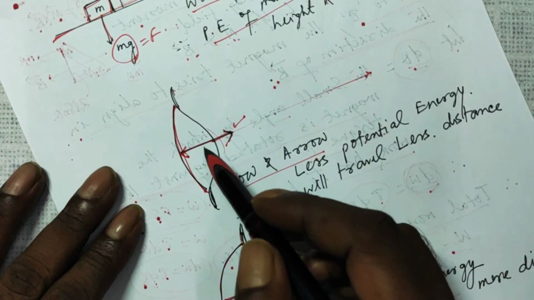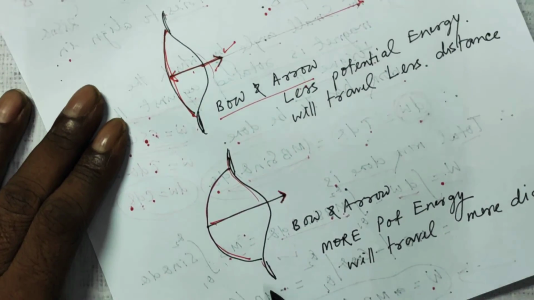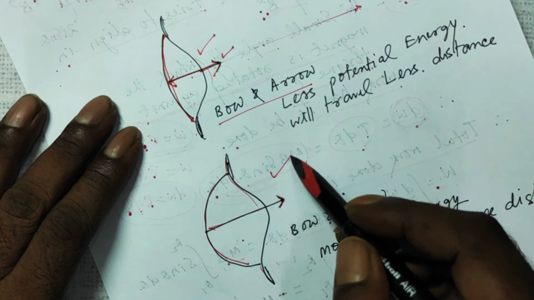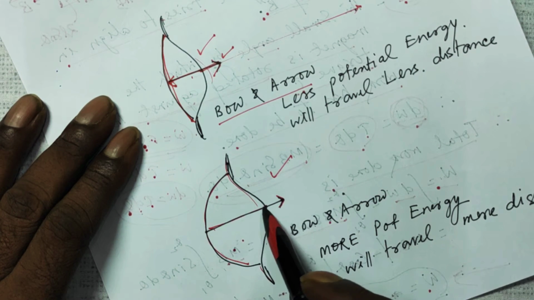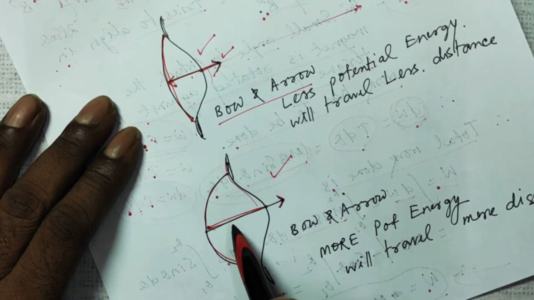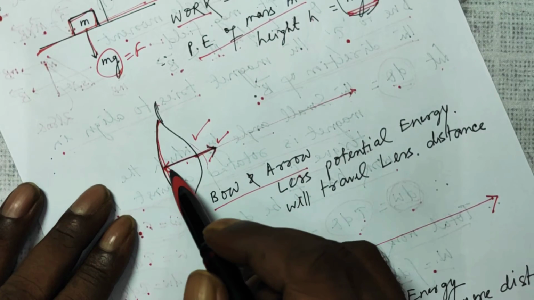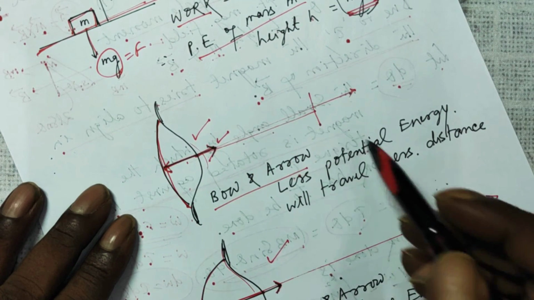Now if you compare this situation and this situation, and I ask you in which case the potential energy is more, here or here? Here is more, because you have stretched it more. Means if you release, this arrow will travel a larger distance and this arrow will travel a shorter distance.